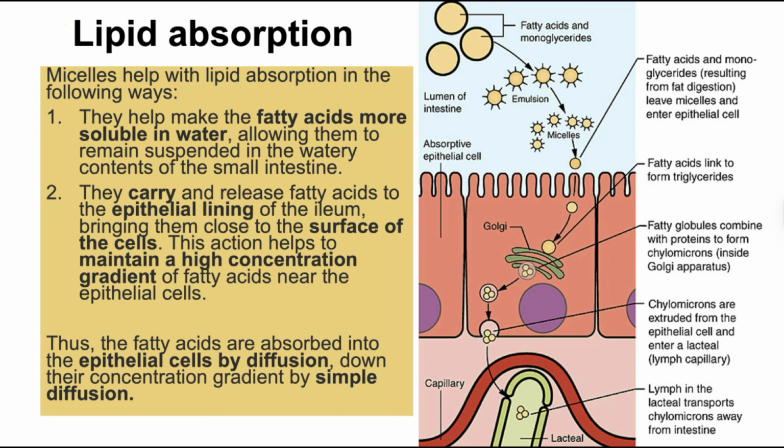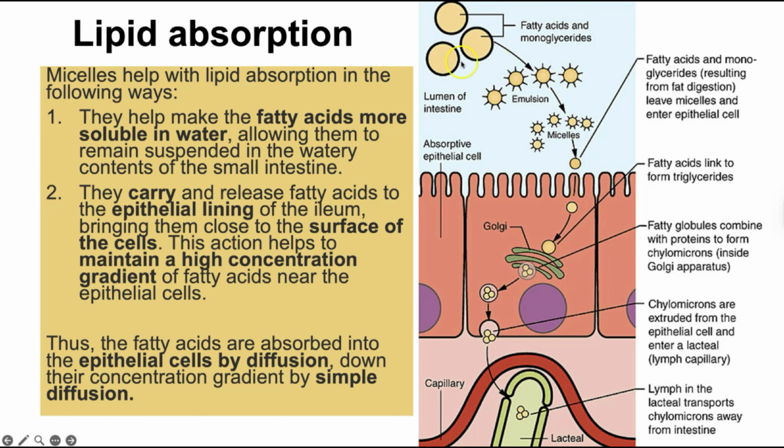They do it in these ways. We've just said that the micelle is fatty acids, monoglycerides, and bile salts, and those bile salts help to make the fatty acids soluble in water. That is an advantage for lipid absorption because it allows the micelles to move the fatty acids and monoglycerides from wherever in the lumen they were digested towards the cell surface membrane of the epithelial cell.